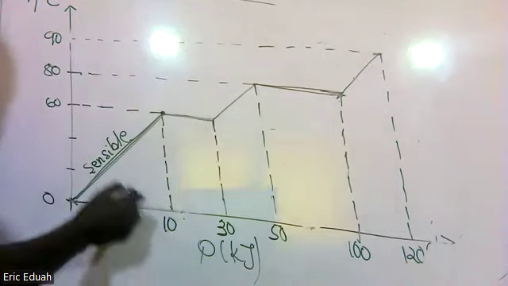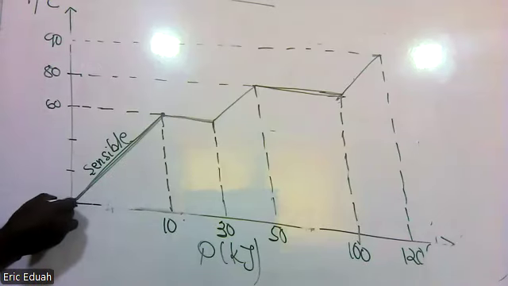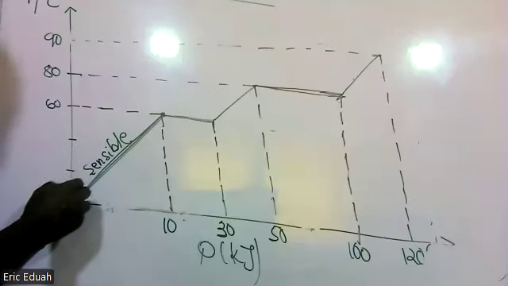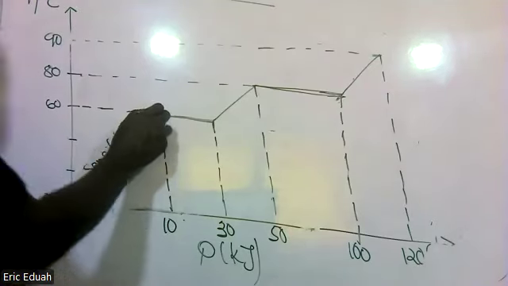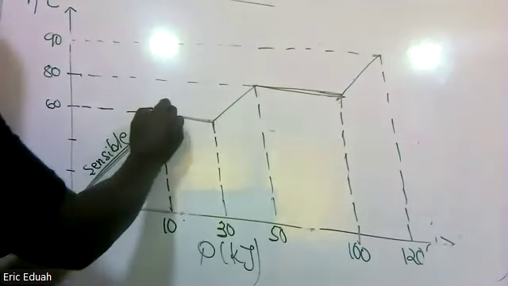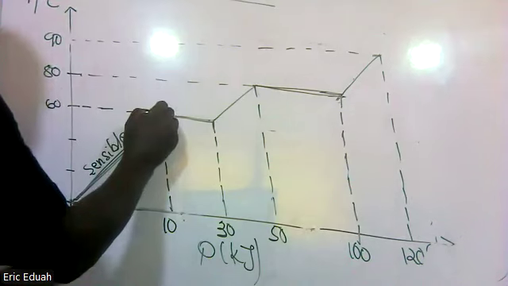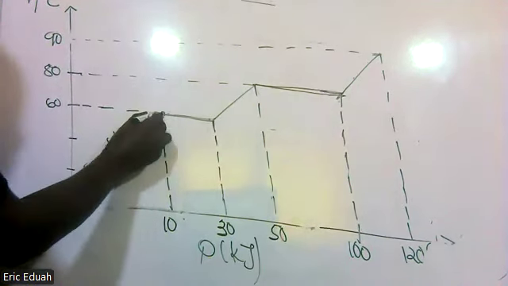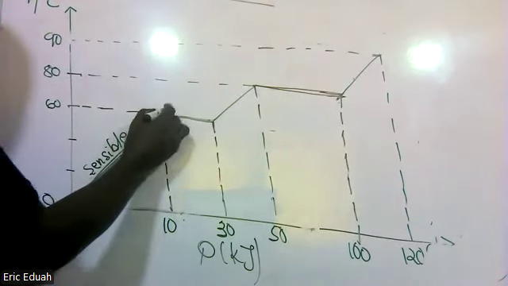Over here, the substance is changing state from solid to liquid. Over here, its temperature is being raised from 0 to 60. Then we can deduce that this is the melting point of the material. The melting point of the material is 60 degrees Celsius.